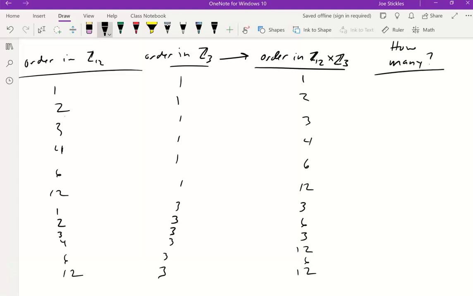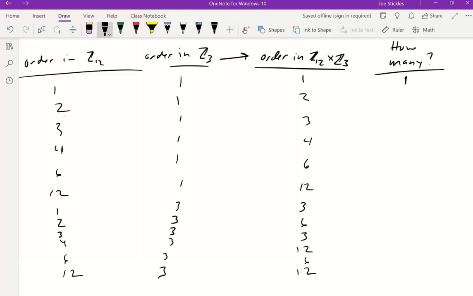So I have to take the element of order 1 in Z12 with the element of order 1 in Z3 and put them together. So how many possible ways can I do that? 1. Good. Let's do a little bit more interesting example, and then we'll fill out the rest of the list.